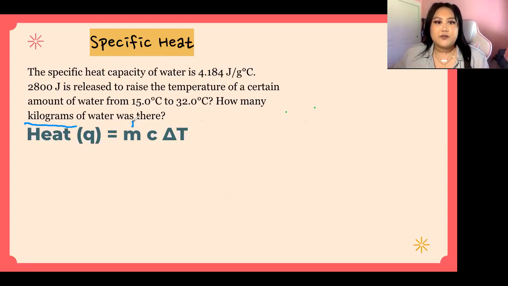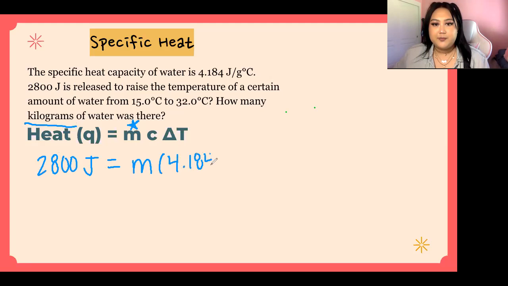Since we're trying to solve for M, what is our Q? 2,800 joules released. Okay, so Q is that. We don't know what M is. The specific heat is the same. And then our delta T is 32 degrees Celsius minus 15 degrees Celsius.